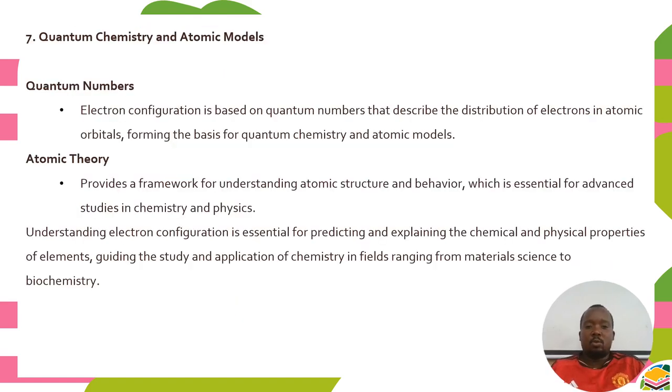The same electron configuration will tell us about quantum numbers and atomic theory. So understanding electron configuration is essential for predicting and explaining the chemical and physical properties of elements, guiding the study and application of chemistry in fields ranging from materials science to biochemistry.